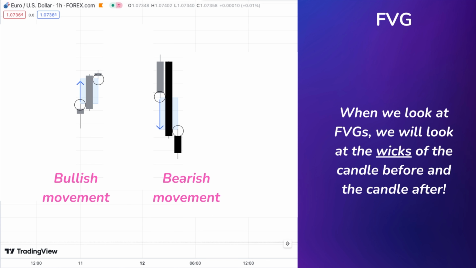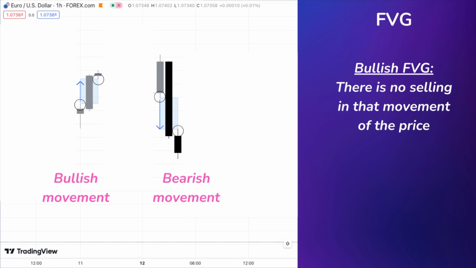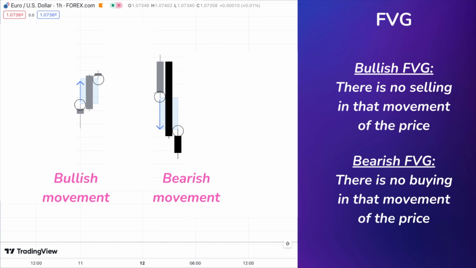When we look at fair value gaps, we will look at the wicks of the candle before and the candle after. What's important for us to see is the wicks of the first candle and the wicks of the third candle. In a bullish fair value gap, there is no selling in that movement of the price on that specific time frame. In a bearish fair value gap, there is no buying in that movement of the price.